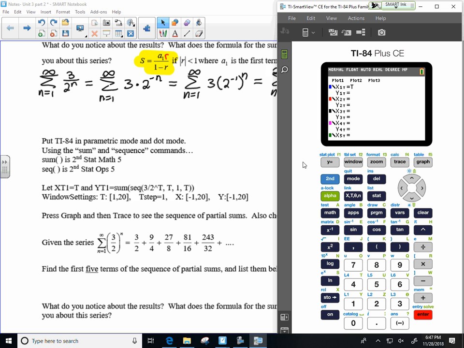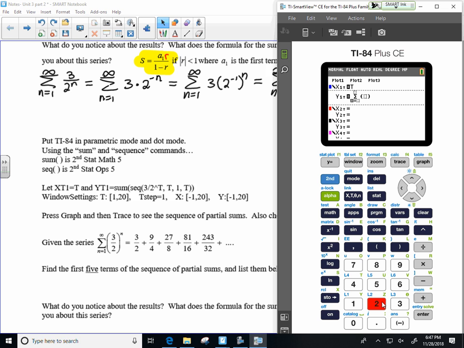All right. In the second part of the parametric, so x equation in terms of t, y equation in terms of t, I'm going to put some sequence. That's the same as alpha window option 2. All right.